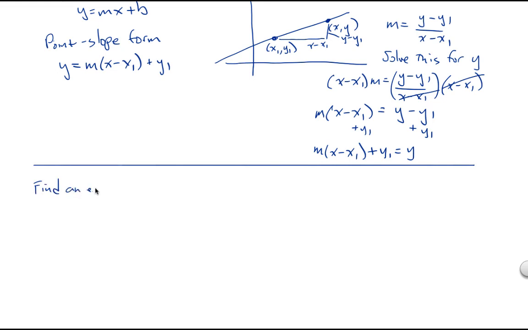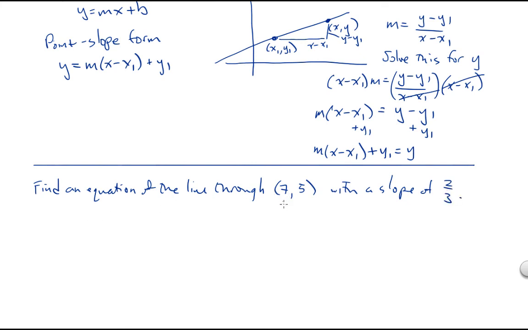Find an equation of the line through (7, 5) with a slope of 2/3.